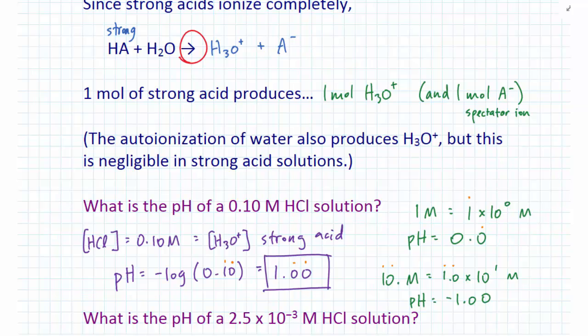So there's examples of all the various numerical ways that we deal with that. But mostly what I wanted you to get down here is concentration of 0.1 molar, pH of 1; concentration of 1 molar, pH of 0; concentration of 10 molar, pH -1.